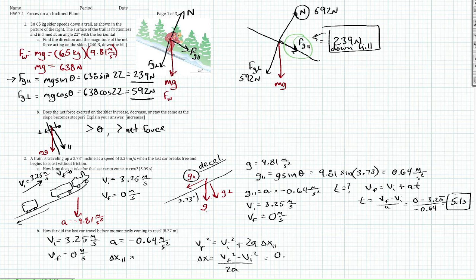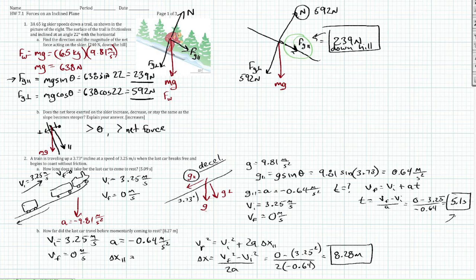So 0 minus 3.25 squared divided by 2 times negative 0.64. And that gives us a distance of 8.28 meters. 8.28 meters. So that's how far it goes before it stops.